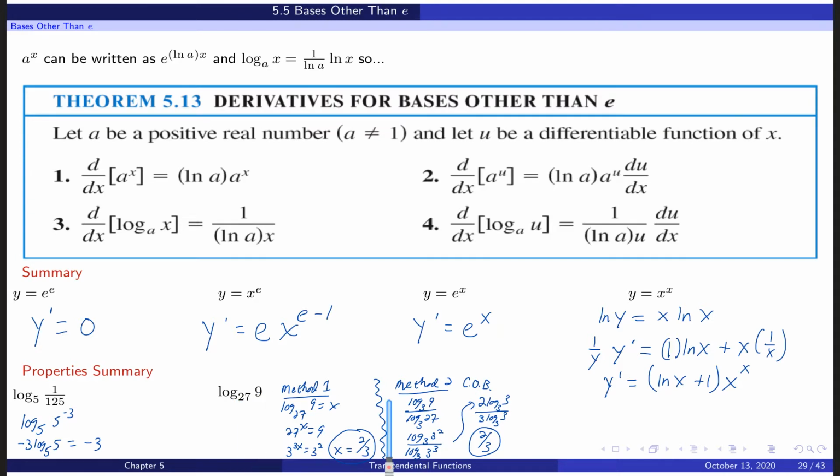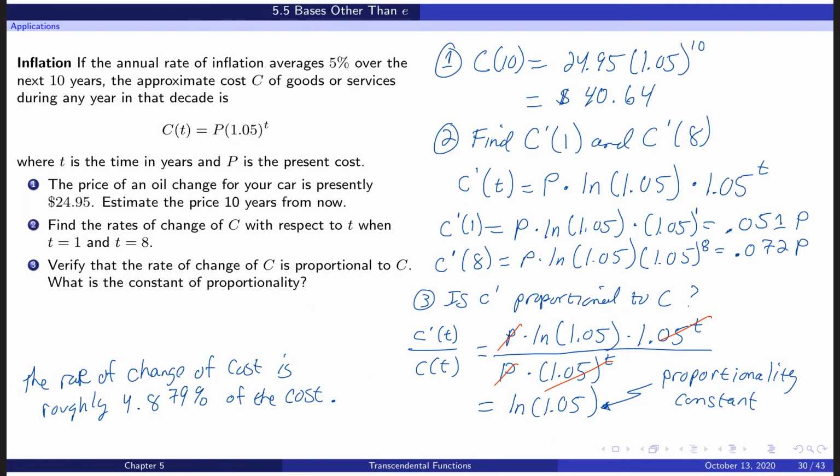Log base 27 of 9 could be written as log base 3 of 9 over log base 3 of 27. If you change 9 and 27 into 3 squared and 3 cubed, exponents fall out front. These remaining parts either cancel out or log base 3 of 3 is 1, but you wind up with 2/3 either way. So we're going to walk through 3 word problem examples in the next 3 screens.